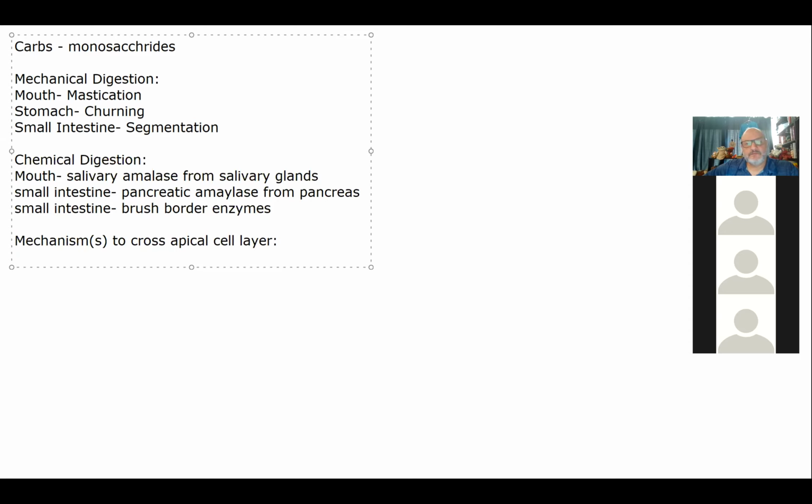Yeah, co-transporter. Excellent. Primarily co-transporters. And what else? Facilitated diffusion. Yep.